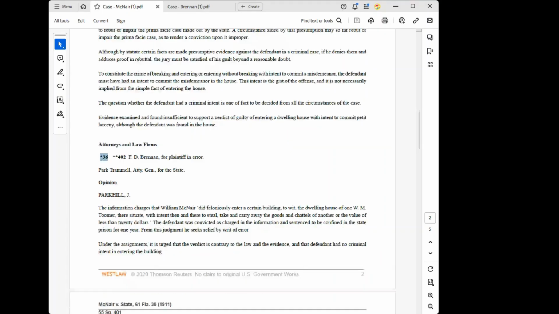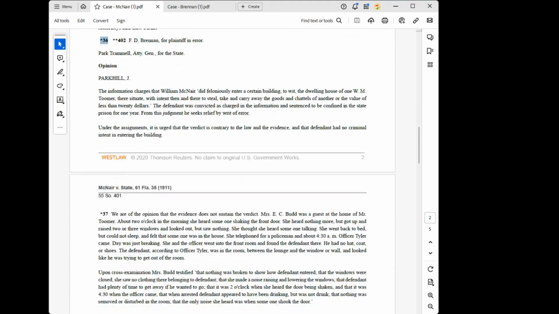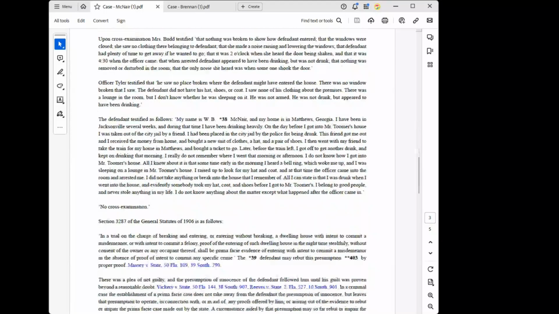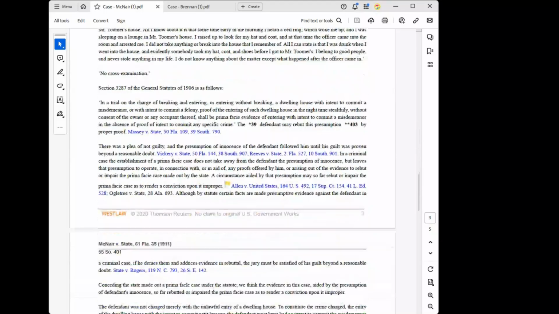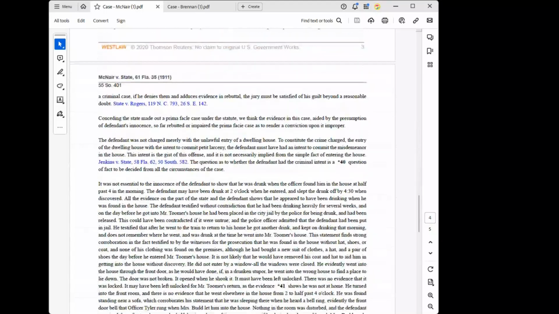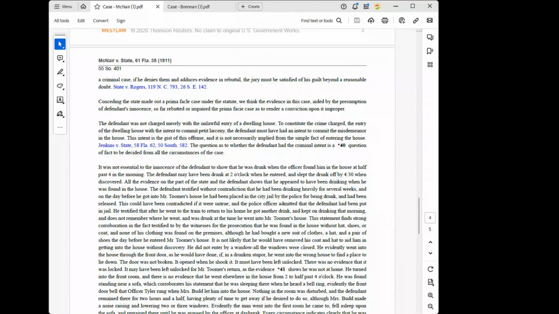All right, so because we are going to quote the Jenkins case, and it's located right here, we have to look for the page number where it starts and where it ends, okay?